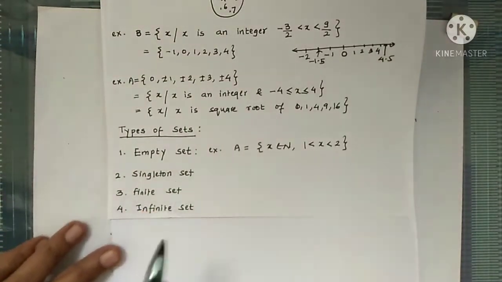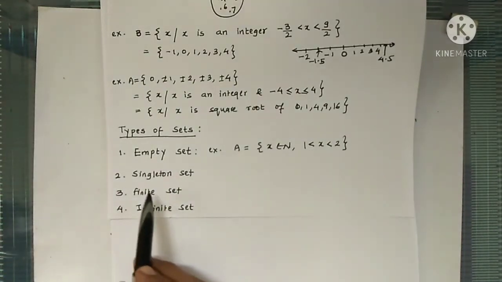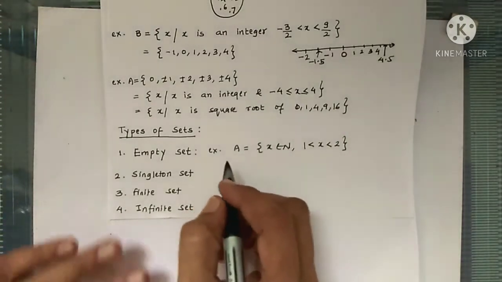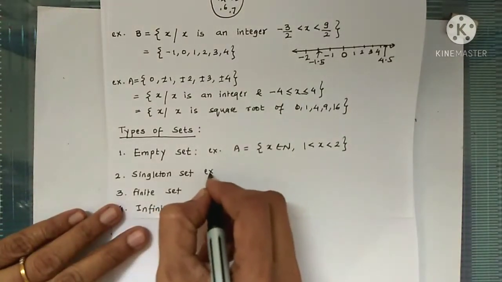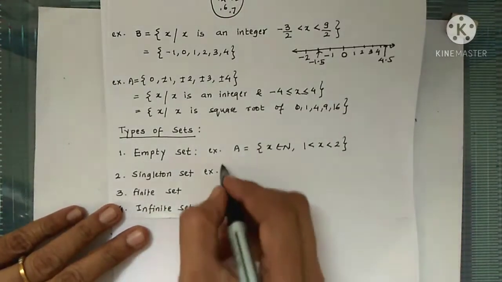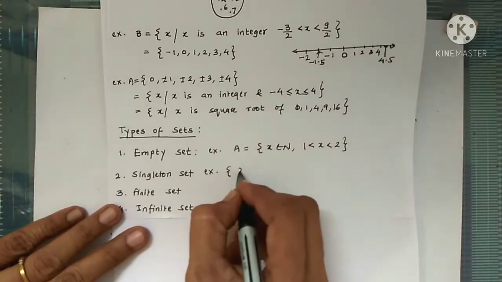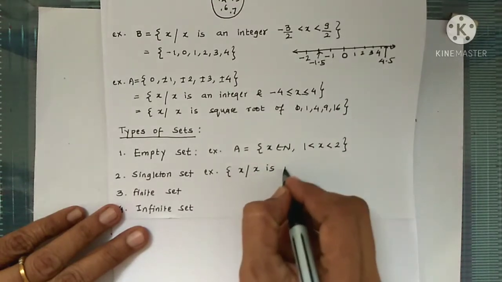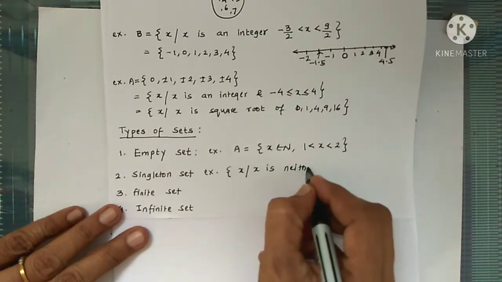Next one is the singleton set. Again, the name suggests that the set has only one element. That's why it is a singleton set. Let's see an example. A singleton set is a set of x such that x is neither positive nor negative.